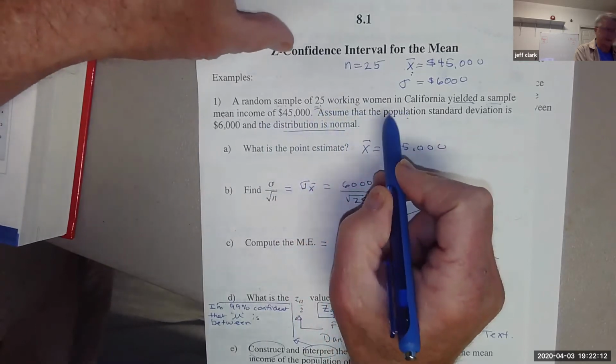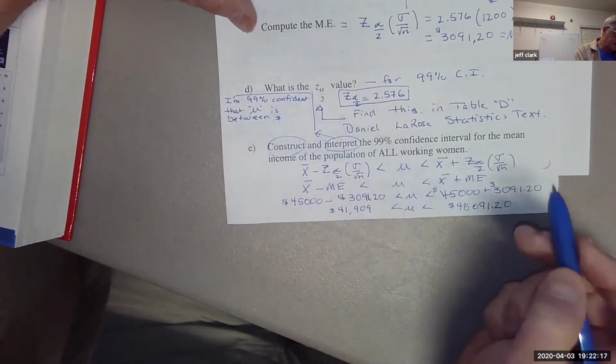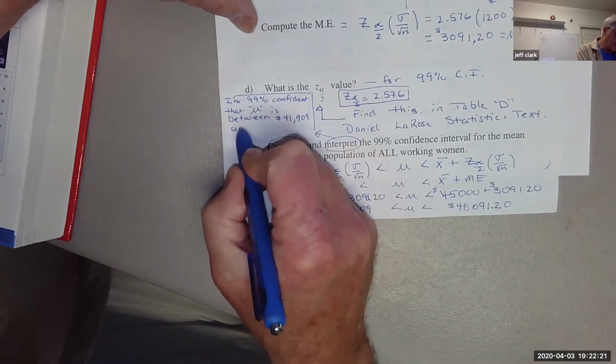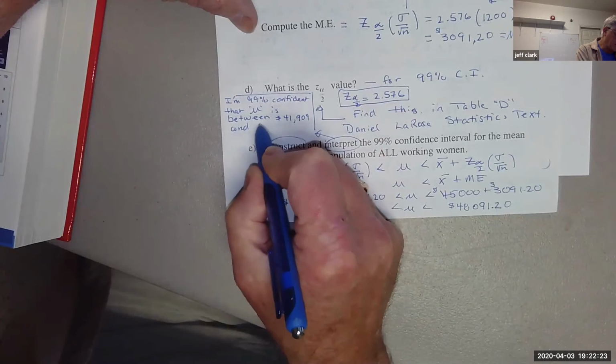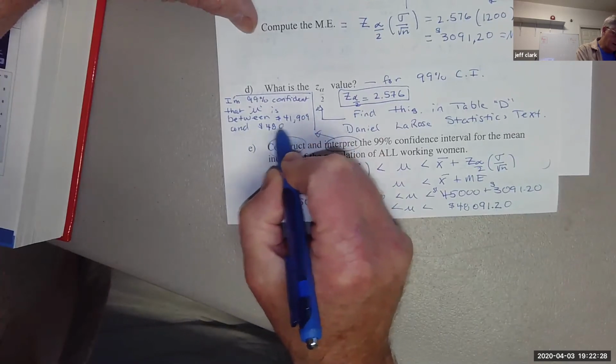That would be the wordy statement instead of mu, is between, and here comes the money, $41,909, and if I drop the pennies off here, $48,091.